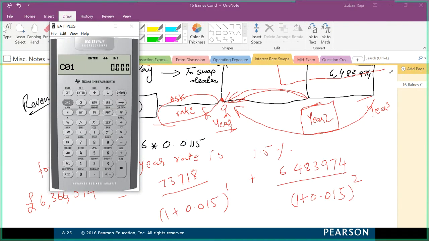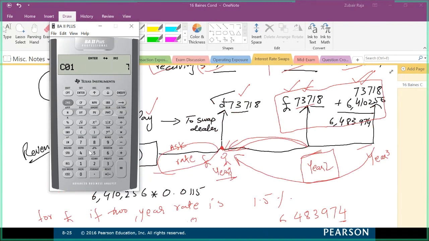So that value was 73,718, right? You can put the minus just to symbolize that it's the outflow of cash, right? So minus, enter. How many times did it get repeated? Only one time.